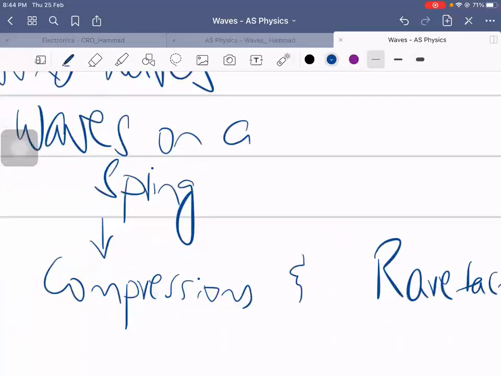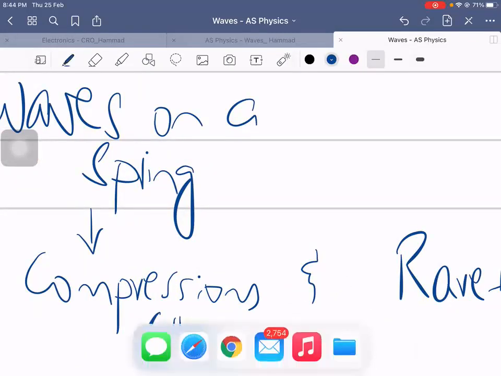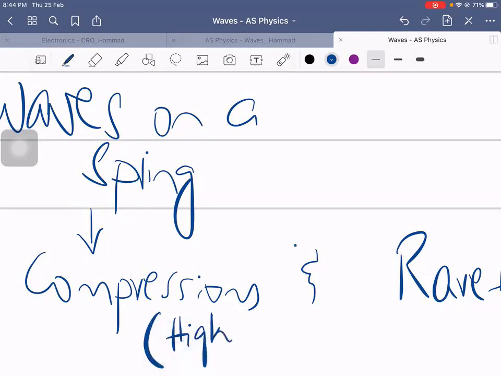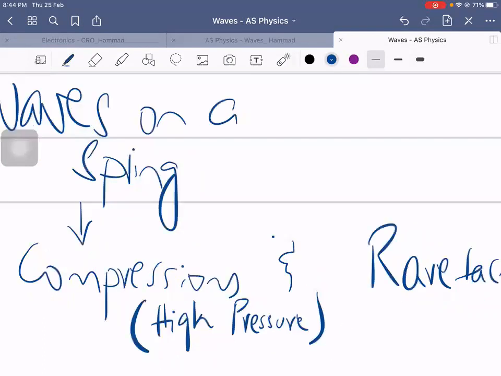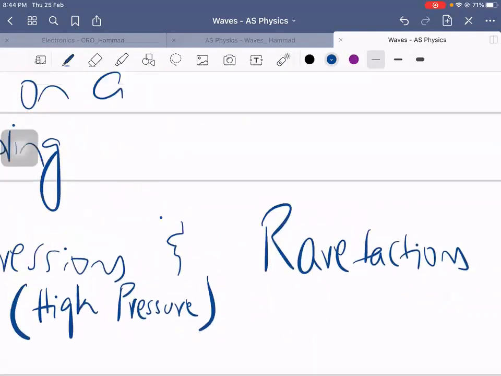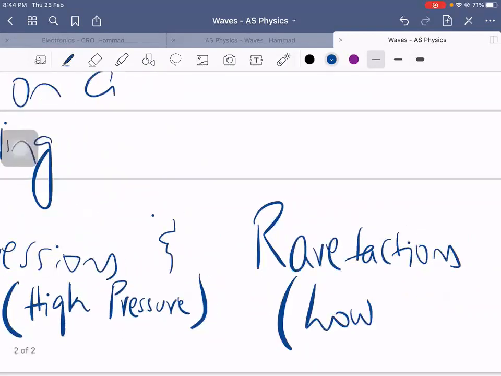Compressions are regions of high pressure. Rarefactions are regions of low pressure.